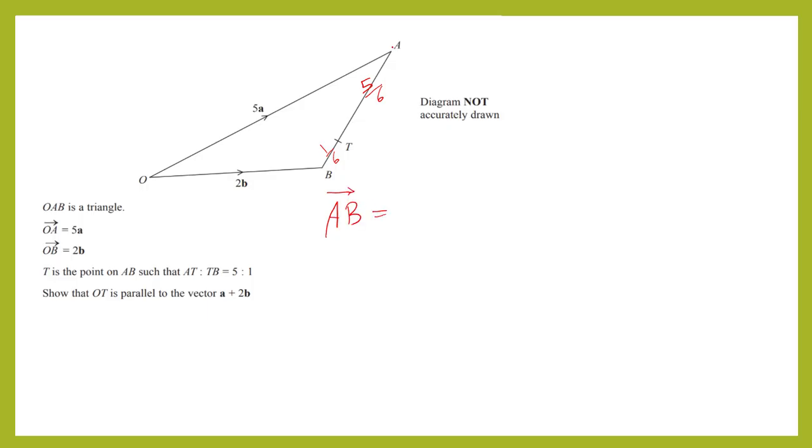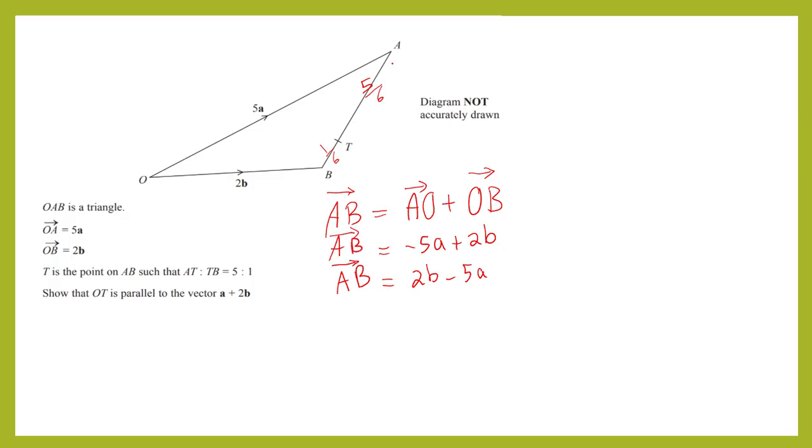AB will be AO then OB, so it will be negative 5a plus 2b, or it can be written as 2b minus 5a. Now we got AB. Let's find AT and TB.